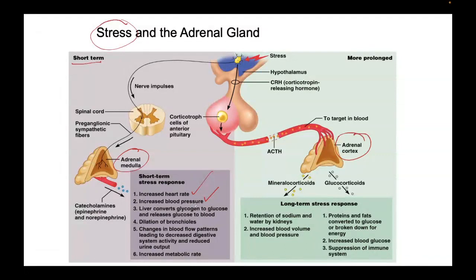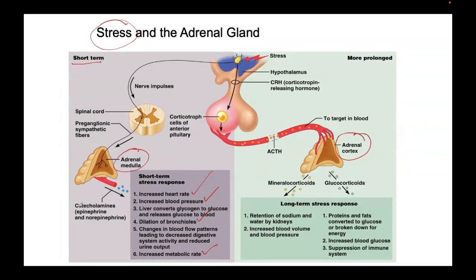The liver is going to convert glycogen into glucose. It's going to dilate your bronchioles, increase your metabolic rate, increase your cholesterol, increase your sugar, increase your heart rate, increase your energy so you can survive if a tiger is chasing you.